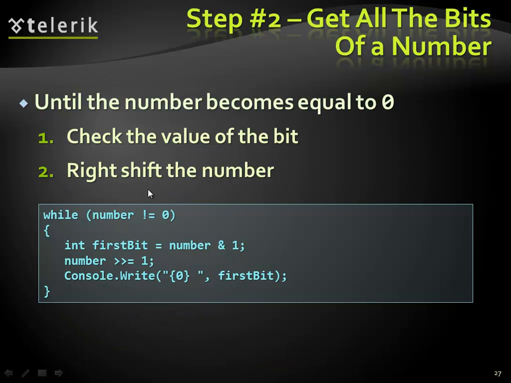So we'll improve our main idea. We'll add a while loop. As long as our number is not 0, we're going to take the first bit, put it in a variable, shift, and write down what bit we got.